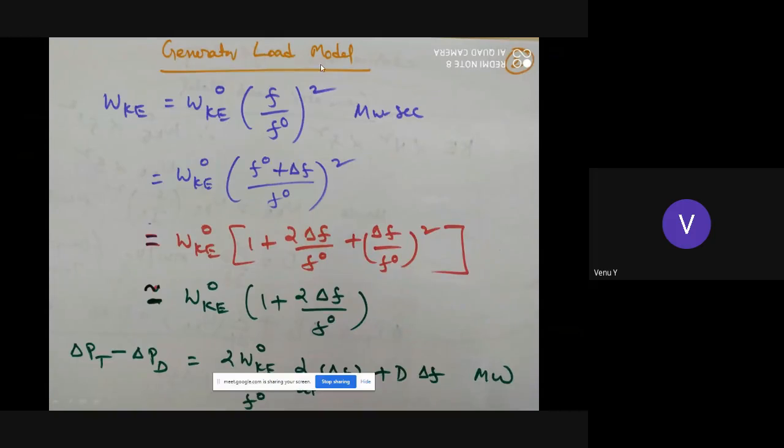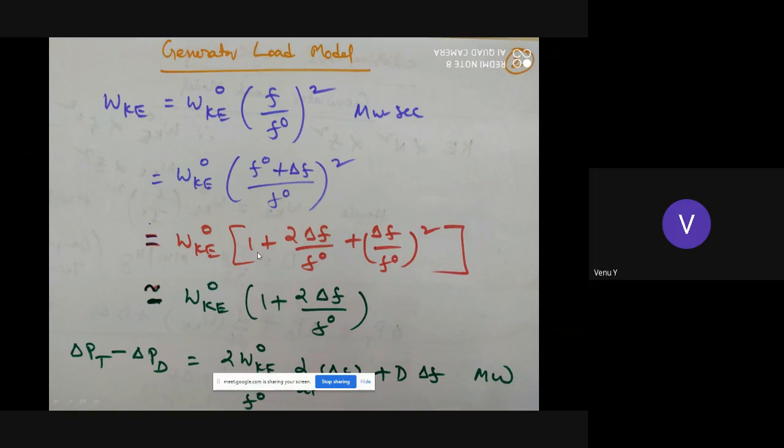Therefore, in the generator load model, Wke equals Wke naught into f by f naught whole square, the unit is megawatt second. Now f is equal to f naught plus delta f, in fact you can use plus or minus here, divided by f naught, whole square.